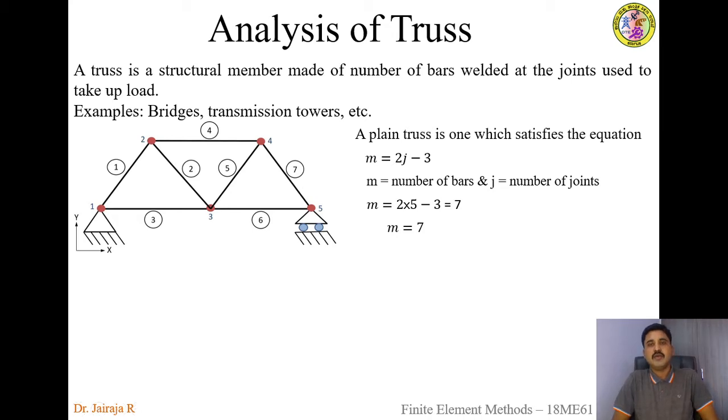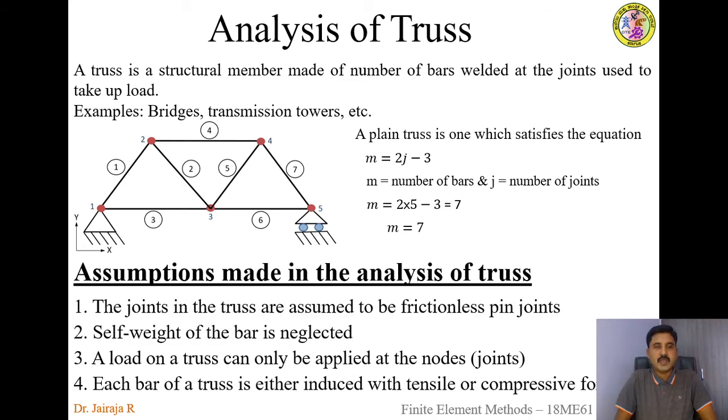We are going to make some assumptions for analysis of truss. Those assumptions are: first, the joints in the trusses are assumed to be frictionless pin joints. Second, self weight of the bar is not considered and is neglected.